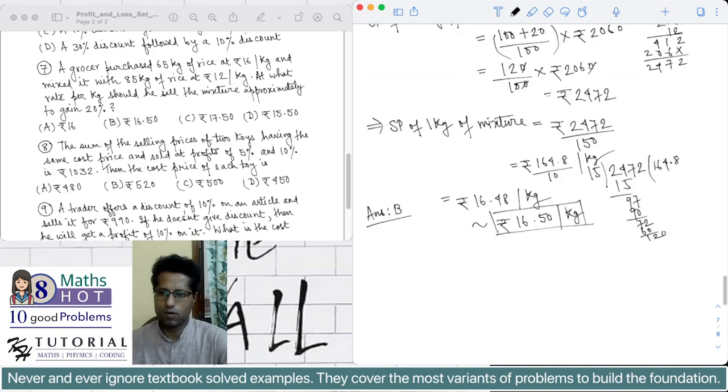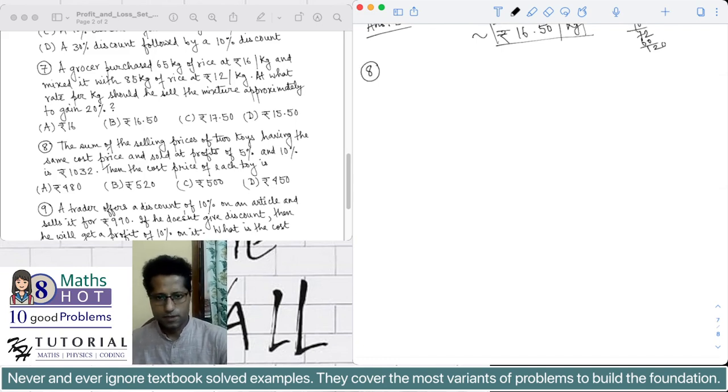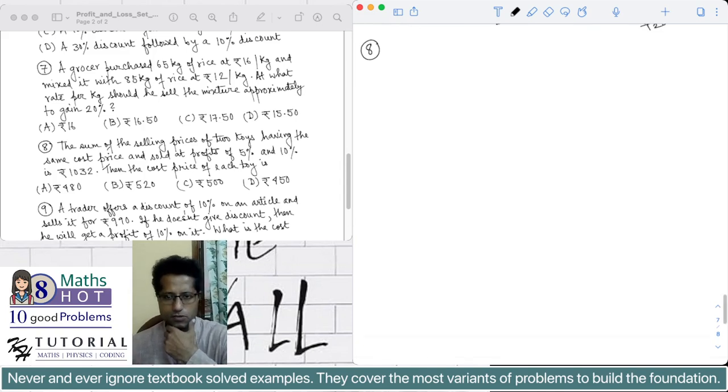Okay, let's do problem number 8. The sum of the selling prices of two toys having the same cost price and sold at profits of 5% and 10% is rupees 1032. Then the cost price of each toy is.